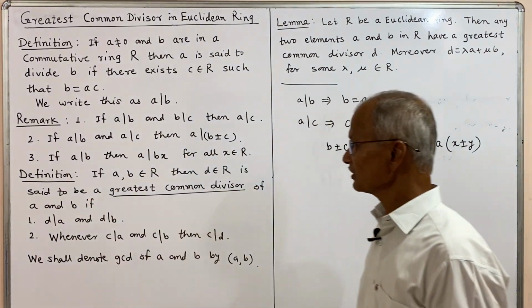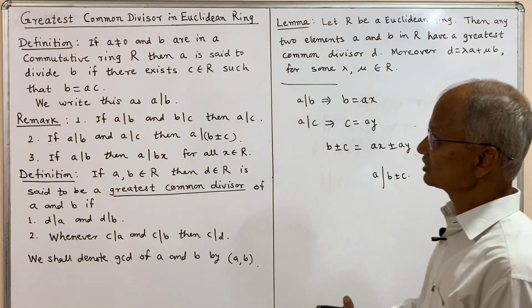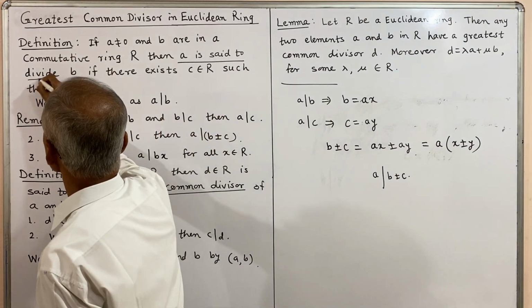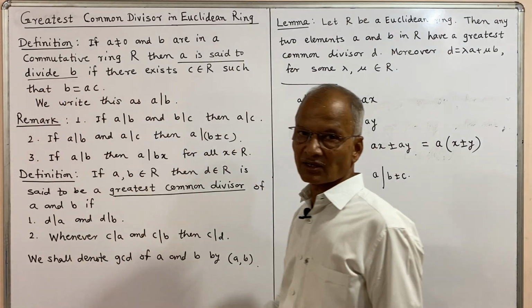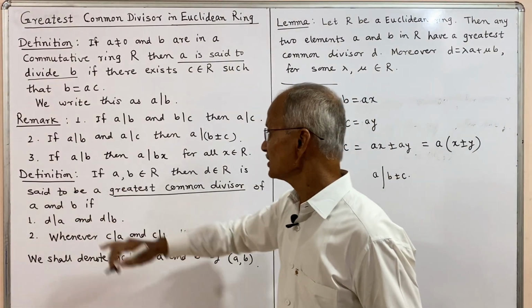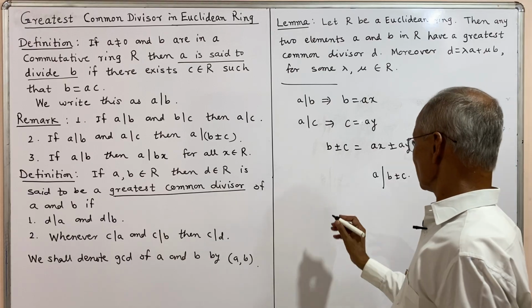And what about the third? All these results follow from the definition. This is the definition: A divides B if B is a multiple of A. Now the third is, if A divides B, then A divides B into X. See, this is obvious.